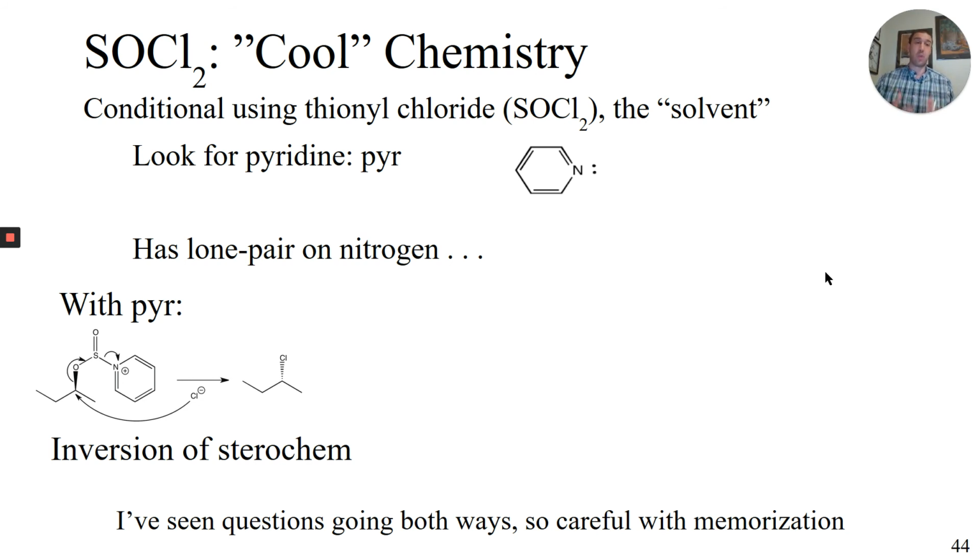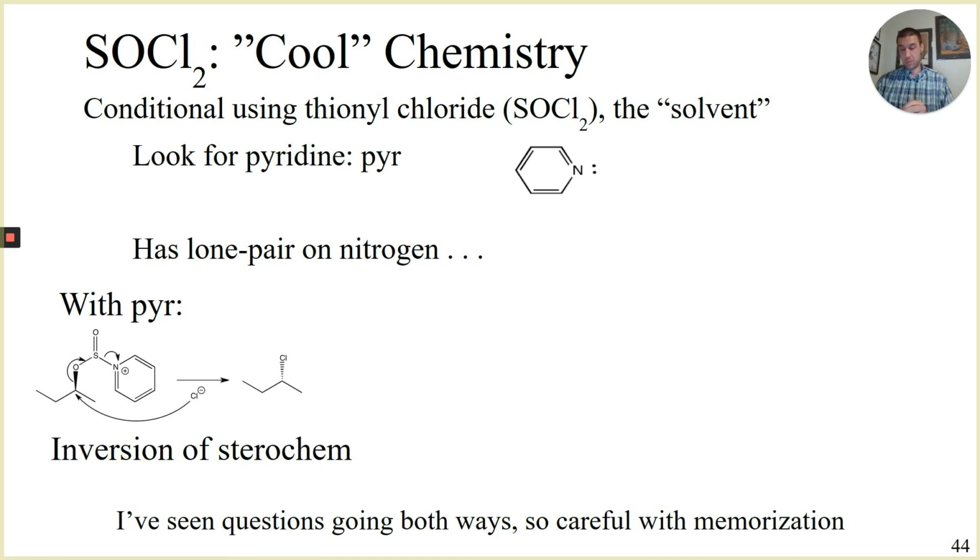I have seen questions written both directions, okay, where you just have, let's say, a reagent. Let's draw one real quickly here if my computer catches up with me. So if we had a reagent with a stereocenter and it just said SOCl2, what should you do?